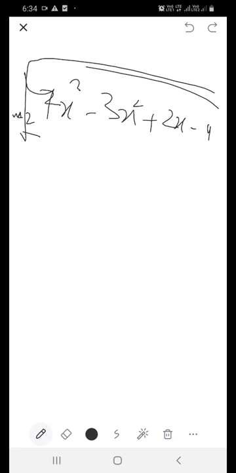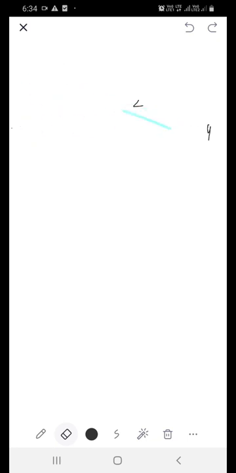We call this the long division method, which you have done in your lower classes in algebra. But now in this chapter, you are going to find the remainder not by dividing the algebraic expressions by its divisor, but by using the theorem, which we call the remainder theorem.